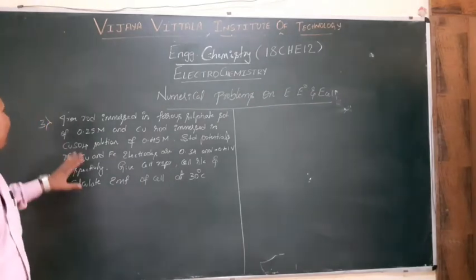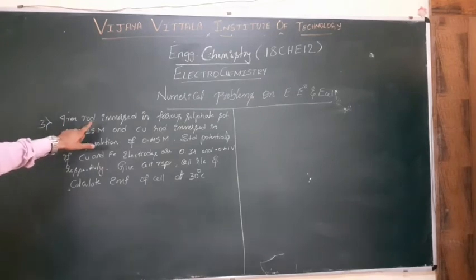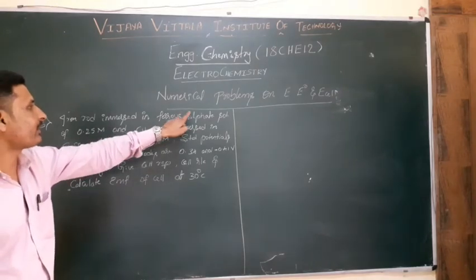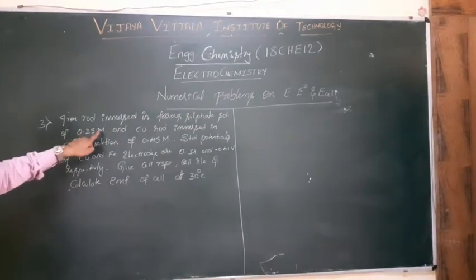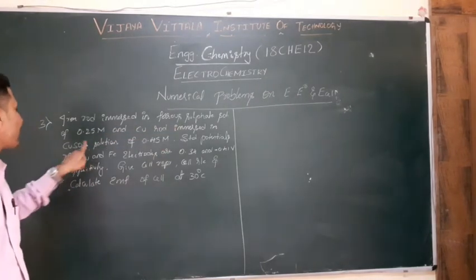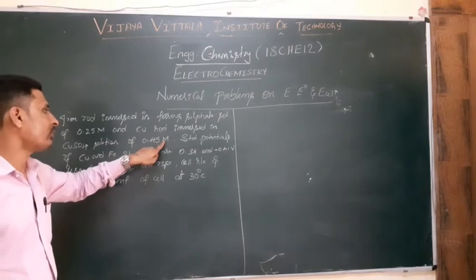So once again I will read the numerical. Listen carefully. Iron rod immersed in FeSO4 ferrous sulfate solution of 0.25 mole and copper rod immersed in copper sulfate solution of 0.45 mole.